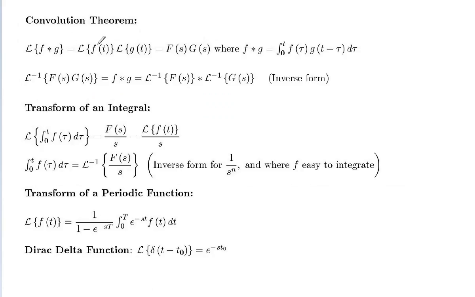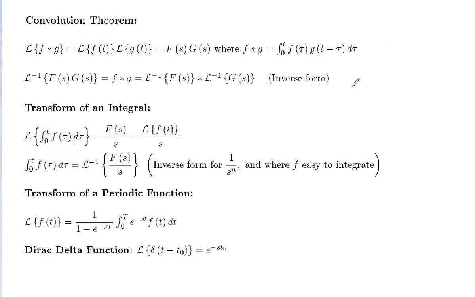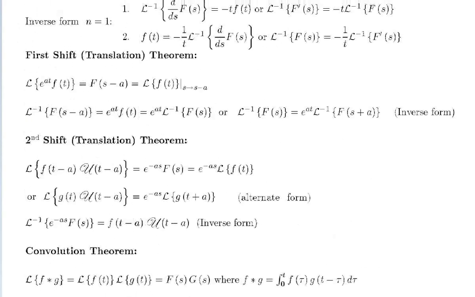So the transform of that is just multiply the transforms of the individual functions. So this is going to be the Laplace transform of sine t times the Laplace transform of e to the 4t. And the transform of sine t, that's one of our basic transforms here.